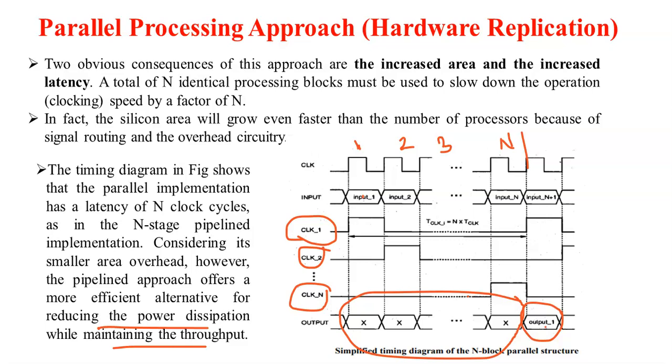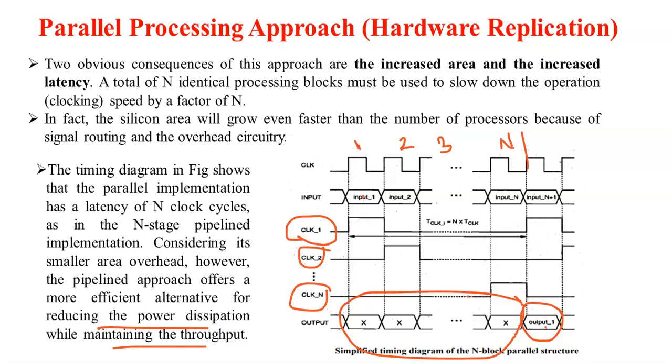So where the latency is not important, at that place we can utilize any one kind of method for the architectural level approach, like the pipelining or the parallel processing approach. Comparing both methods, the area is somewhat increased and the latency is n clock cycles.